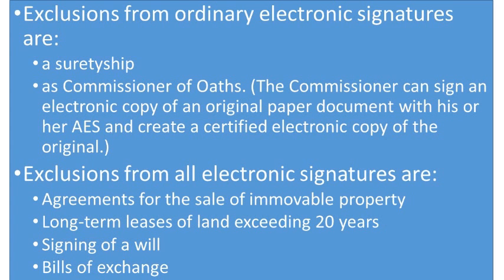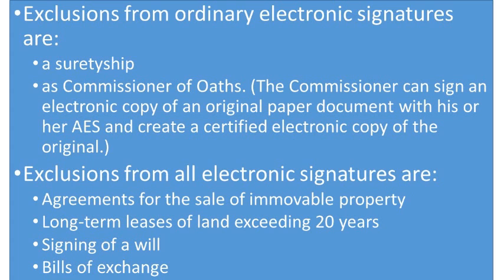It is also important to know the exclusions and what is not covered by the Act. Exclusions from the ordinary electronic signatures or non-advanced signatures are a suretyship, as well as signatures by a commissioner of oath. These things cannot be signed by an ordinary signature. They can only be signed using an advanced electronic signature.